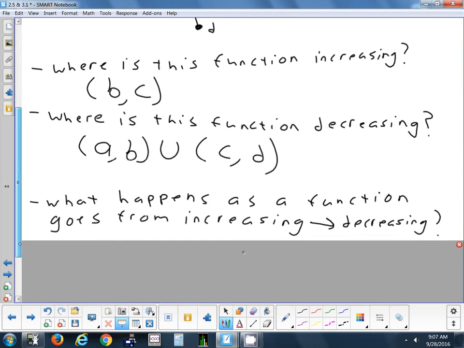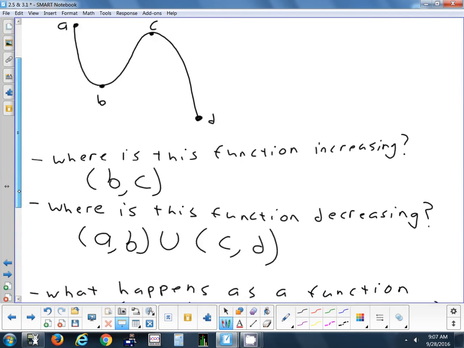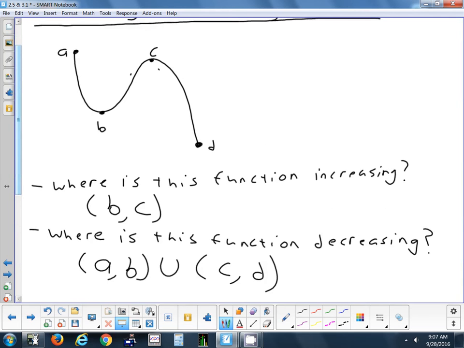Okay, so as a function goes from increasing to decreasing, what happens? What is created when you do that? Something we just talked about is automatically created.